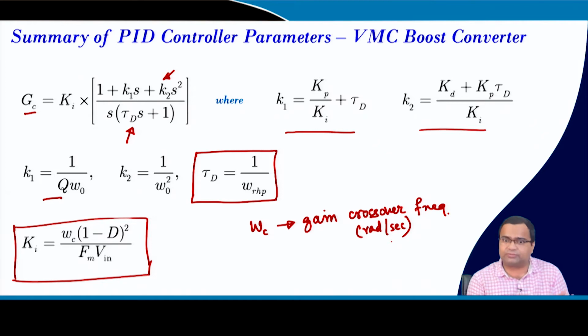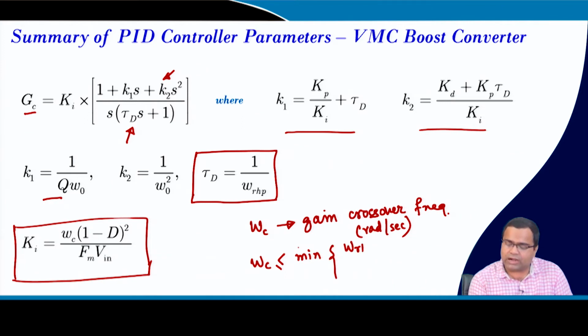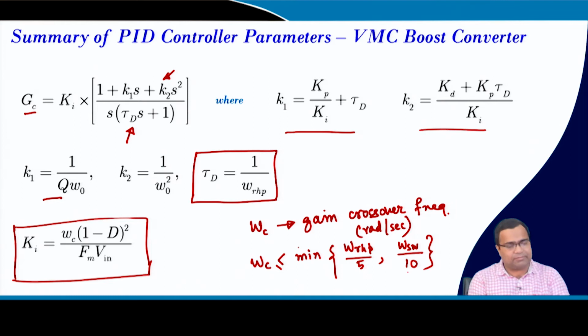So, this gain crossover frequency we found for a voltage mode control should be less than or equal to what? The minimum of RHP zero by 5, comma, switching frequency by 10, all in radian per second. So, it should be the maximum that we have discussed.